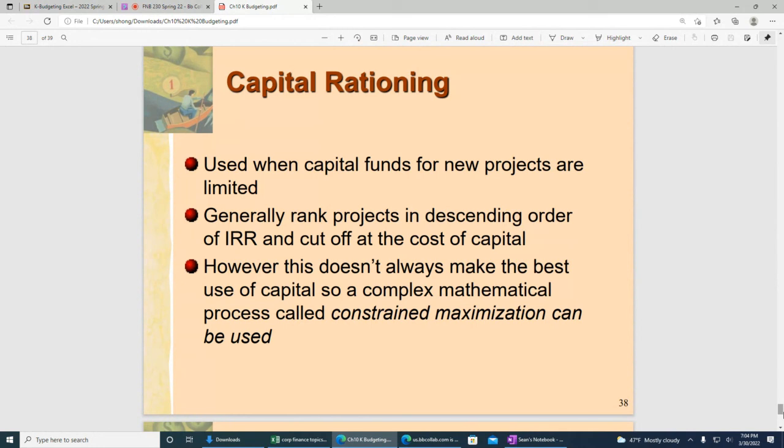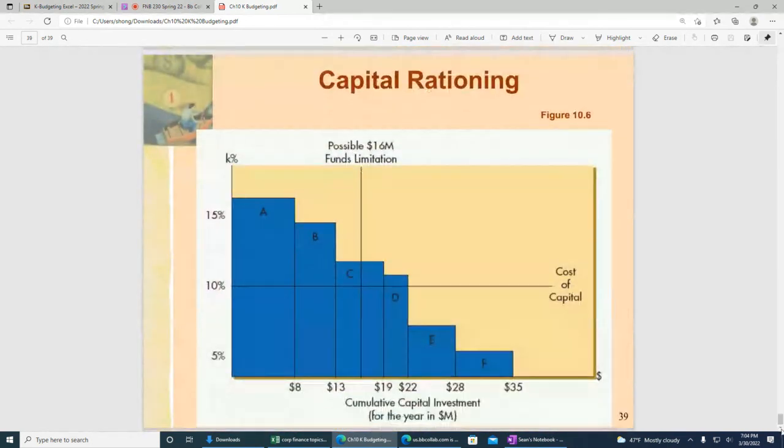Capital rationing is used when capital funds for new projects are limited. Generally, rank projects in descending order of internal rate of return and cut off at the cost of capital. However, this doesn't always make the best use of capital, so a complex mathematical process of constrained maximization can be used. A rough method, okay. So we have our funds limited at 60 million, right?